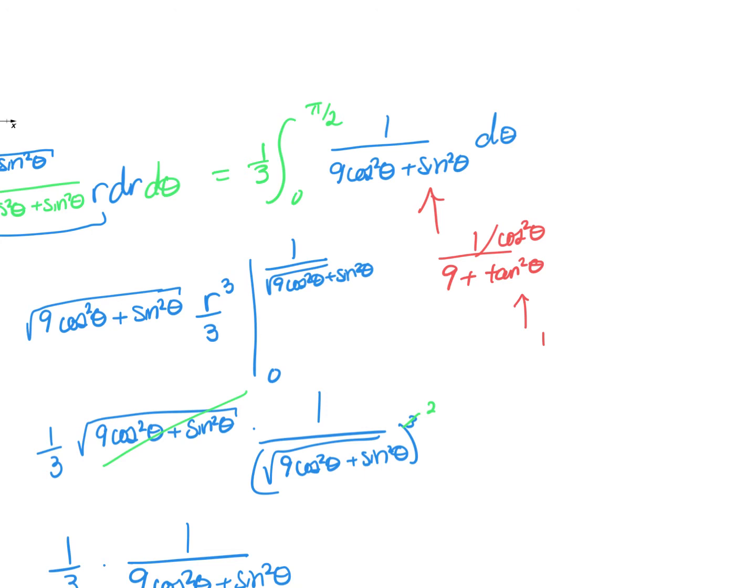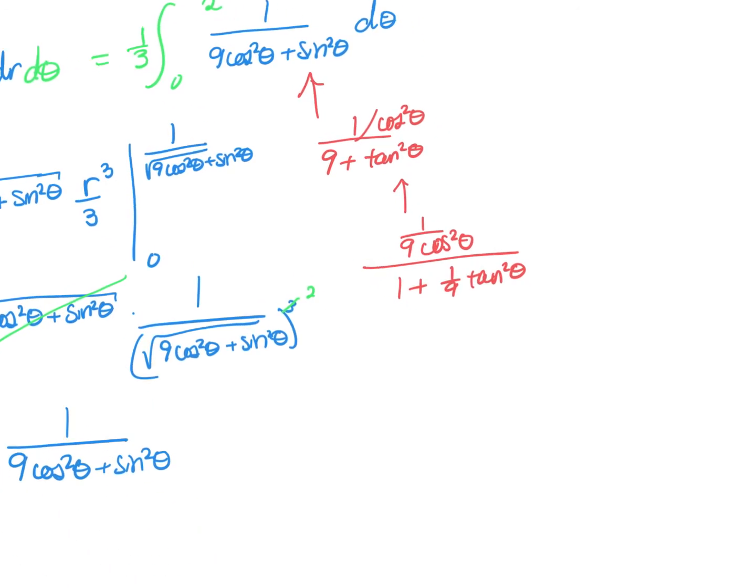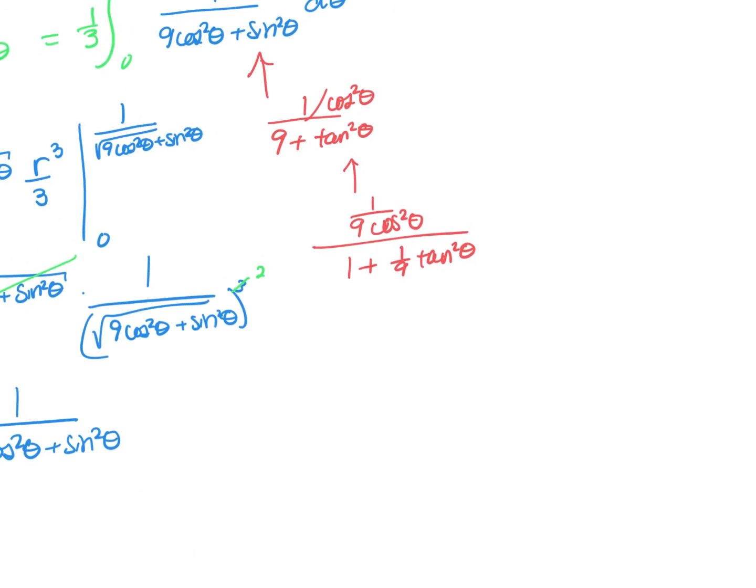So if I then divide everything by 9, this looks a lot like 1 over 9 cosine squared of theta times 1 plus 1/9 the tangent squared theta, which looks a lot like 1 over 1 plus u squared times u prime, which is a really nice integration.